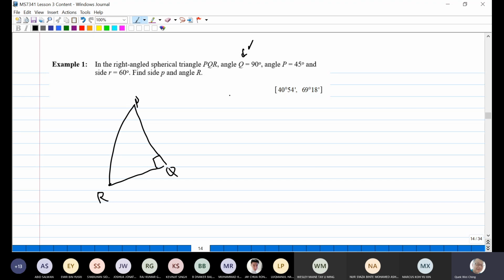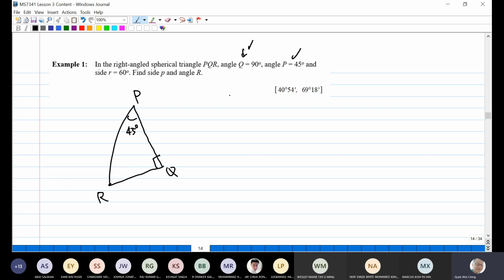Angle P is 45 degrees. Let's say this big angle here, use a capital letter for the angle, so this is 45 degrees. And side r, where is r?